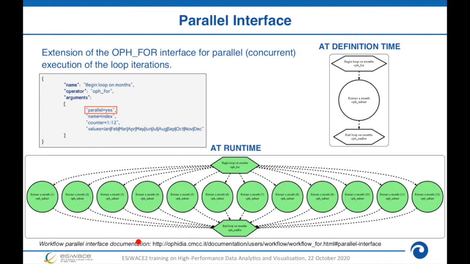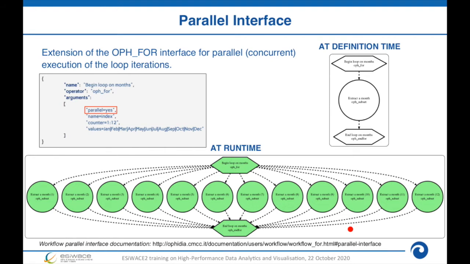What we define when writing the JSON is a very simple structure, defined by the begin and the end of the for and the task that we want to execute, and then we can expand this at runtime to apply it in parallel on different parts of data.